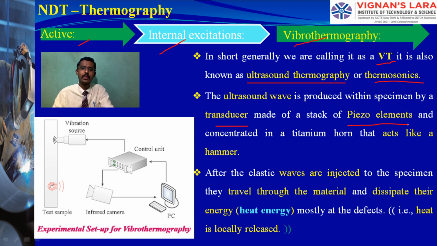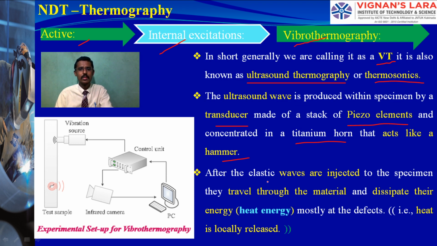For that we use a transducer which contains an inbuilt piezoelectric element, which generates the vibrations. That's a separate study, piezoelectric. The piezoelectric elements are concentrated in a titanium horn that acts like a hammer to hit. When we keep that hammer or horn over the specimen, it will vibrate, and that causes the action over the specimen also.